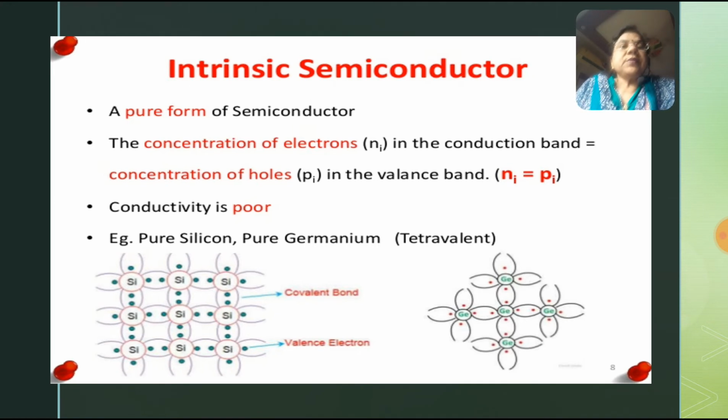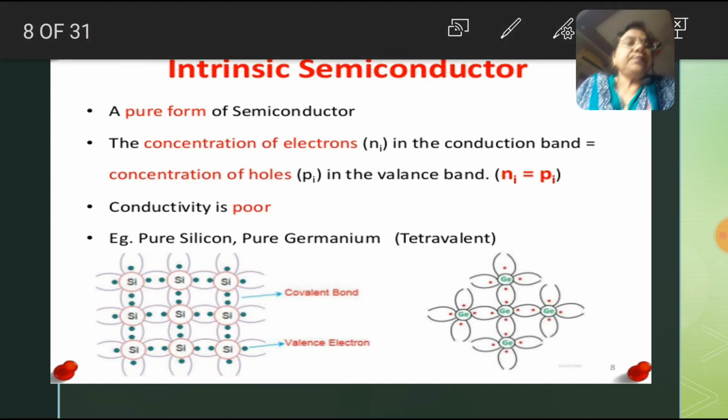What happens? These free electrons combine with free electrons of the second silicon atom and form covalent bonds. And on the surface, free electrons remain. They are known as valence electrons. After covalent bonding, still there are free electrons remaining. So these are the valence electrons.